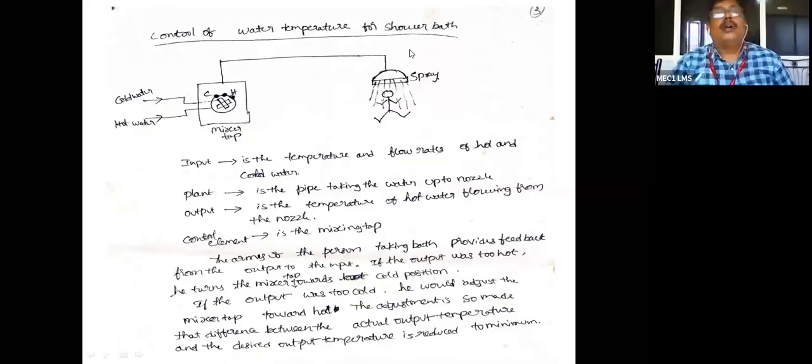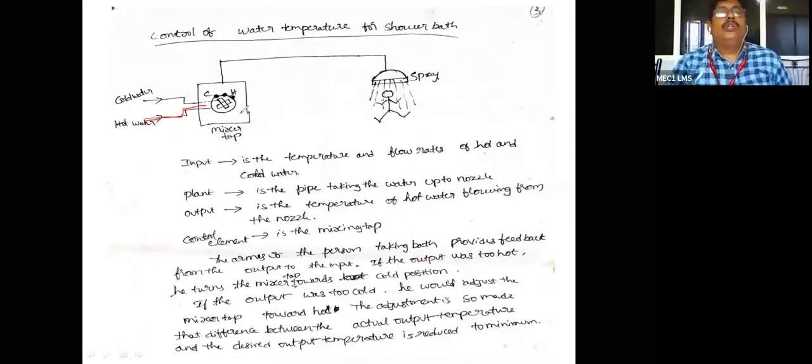This indication is for cold water, this mark is for hot water, and this is the off condition. Here the cold water and the hot water are going, right? So manually he has to control whatever water he needs.